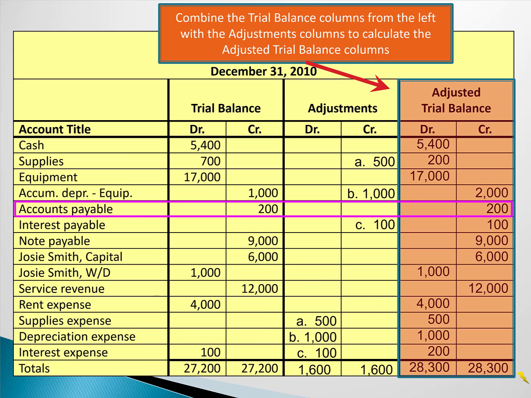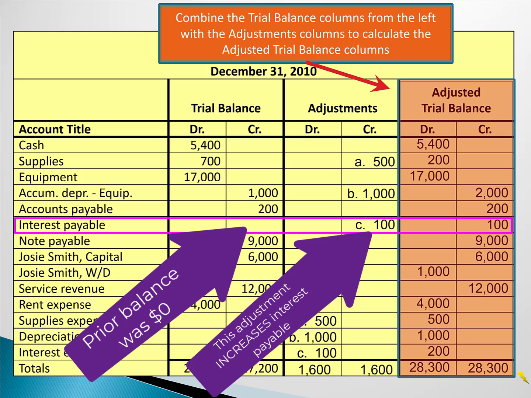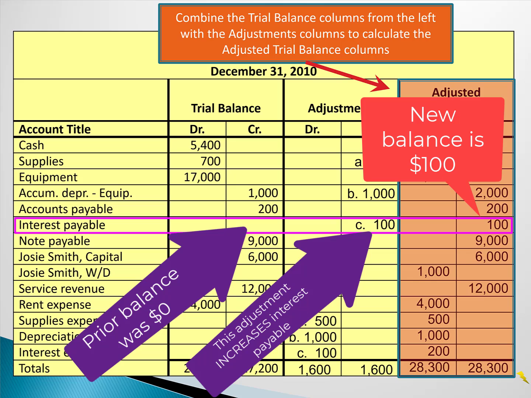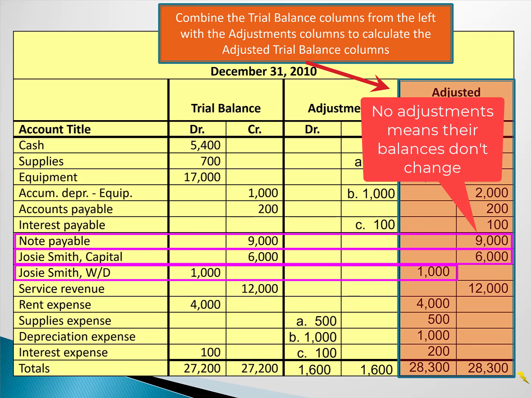Accounts payable was not adjusted, so it's the same balance. Interest payable was 0. It increased by 100, so the new balance is 100. Notes payable and capital and withdrawals were not adjusted. Neither was service revenue, neither was rent expense.